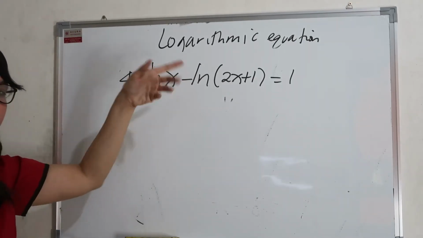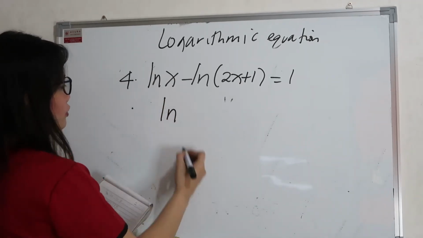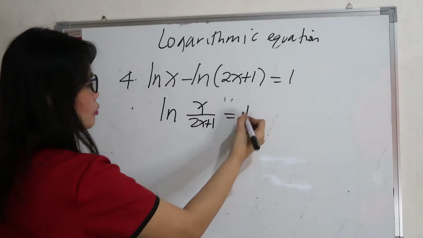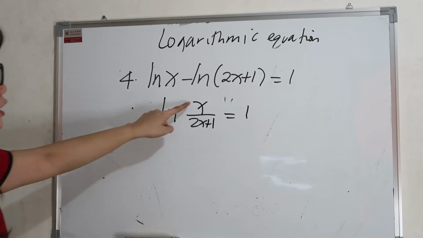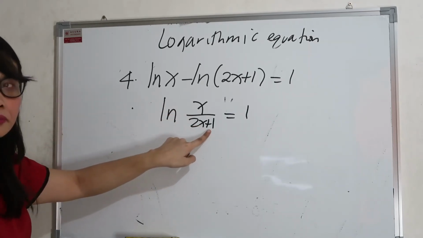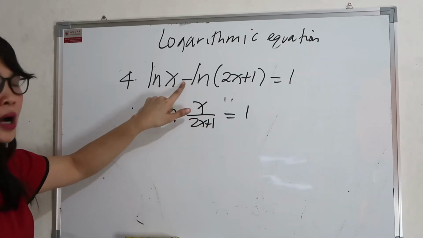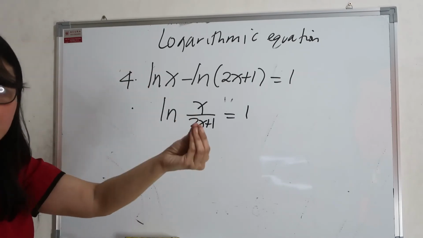Kapag subtraction, the counterpart is division. So that will become ln of x over 2x plus 1 equals 1. Okay? How do you come up with this one? Go back to the properties of logarithm. The properties of logarithm are the same as the properties of ln.